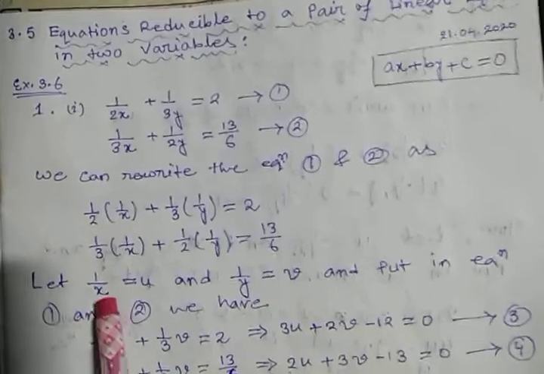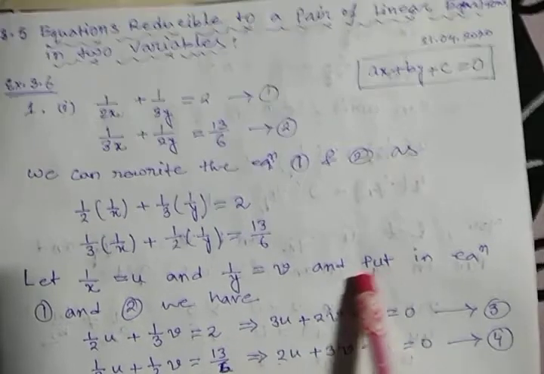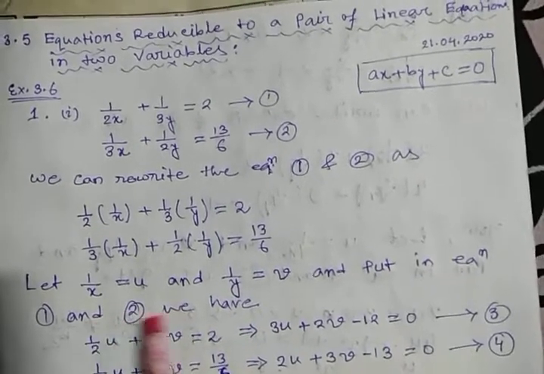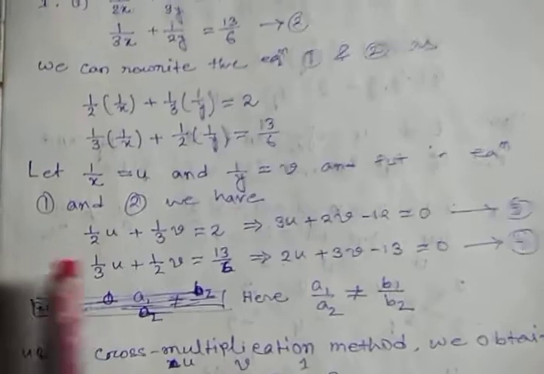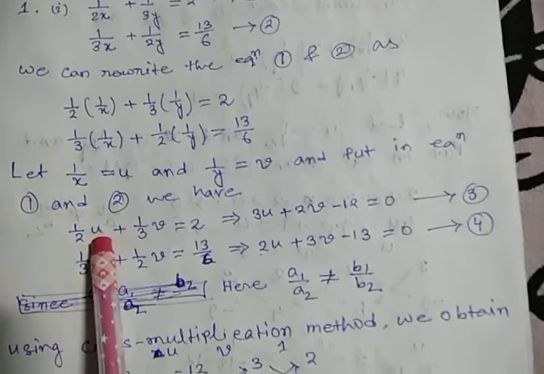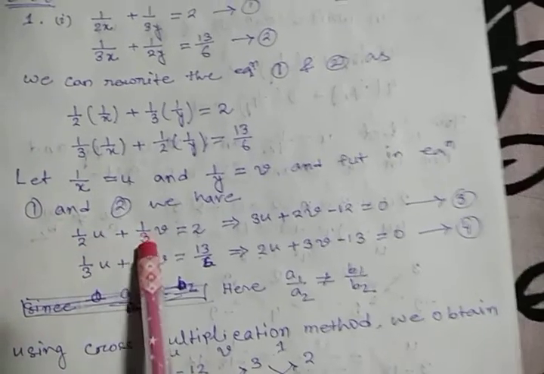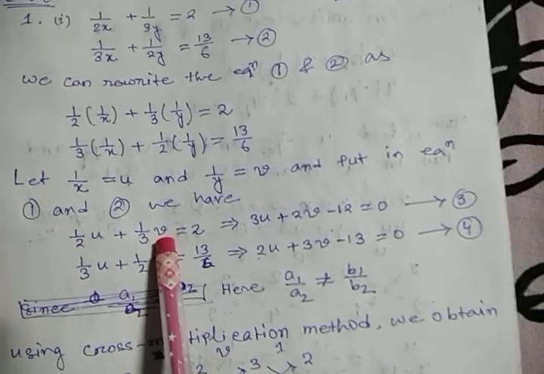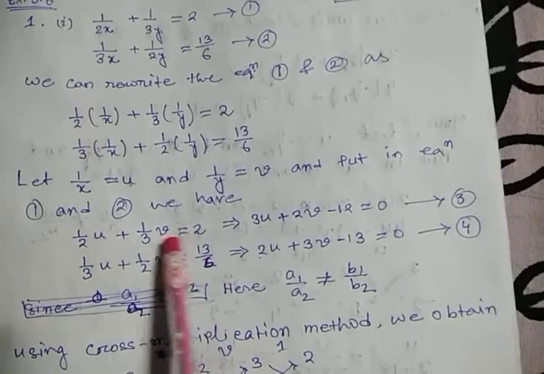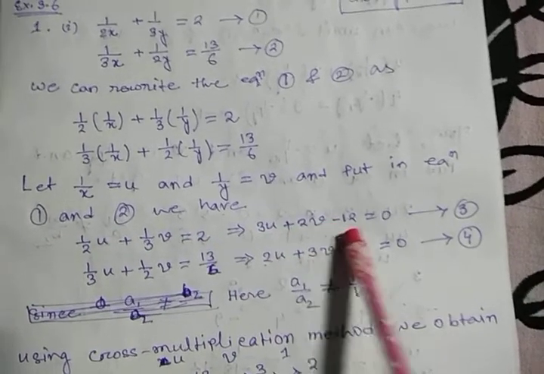Now let 1 by x equal to u and 1 by y equal to v, and put in equations 1 and 2. So in place of 1 by x we write u, and in place of 1 by y we write v. So 1 by 2 u plus 1 by 3 v equal to 2, and this implies 3u plus 2v minus 12 equal to 0.